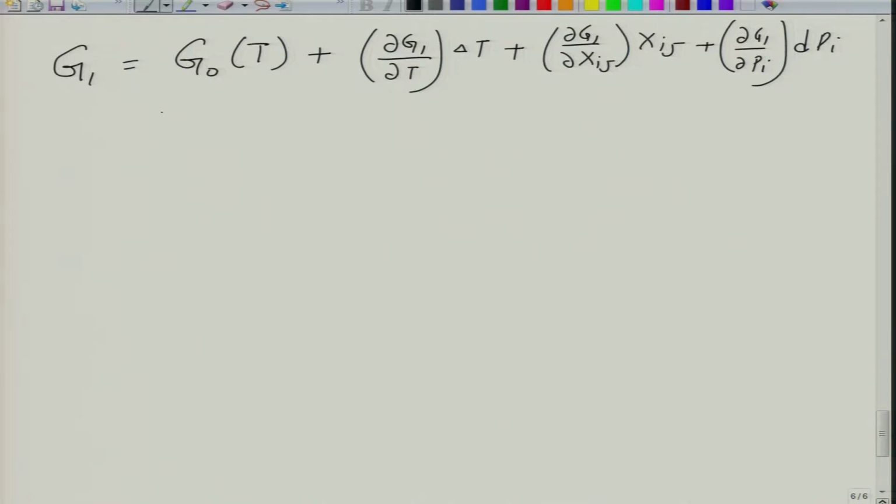So far we did not consider the second order terms, but we need to do the second order terms, which is nothing but Taylor expansion.